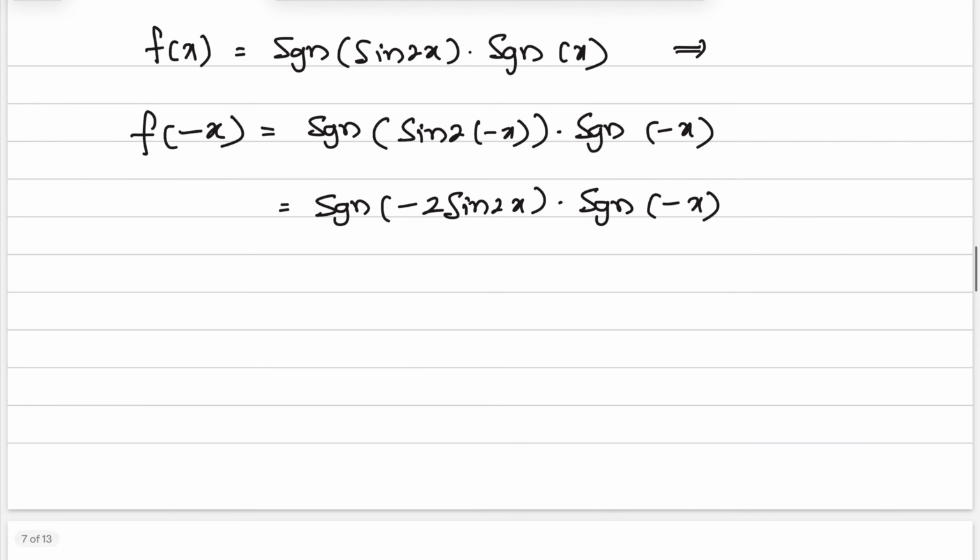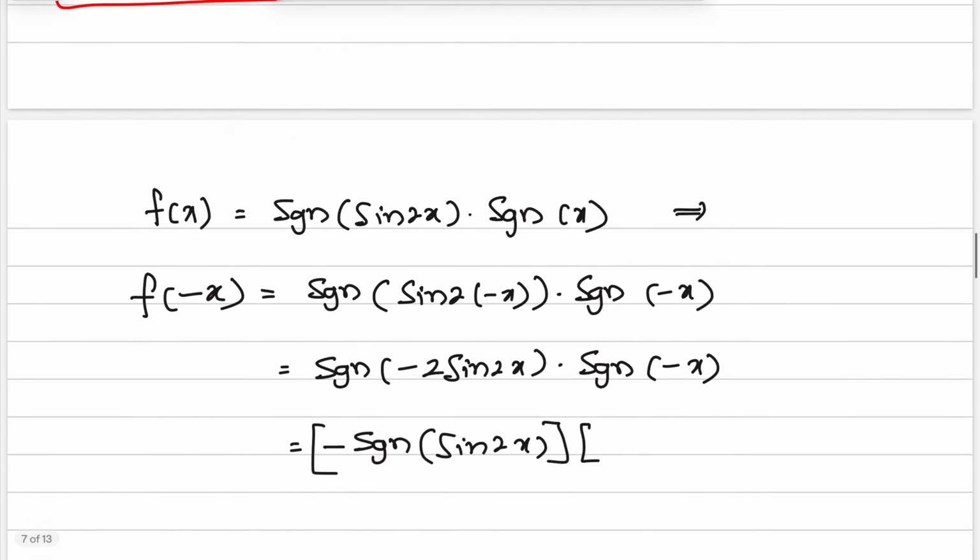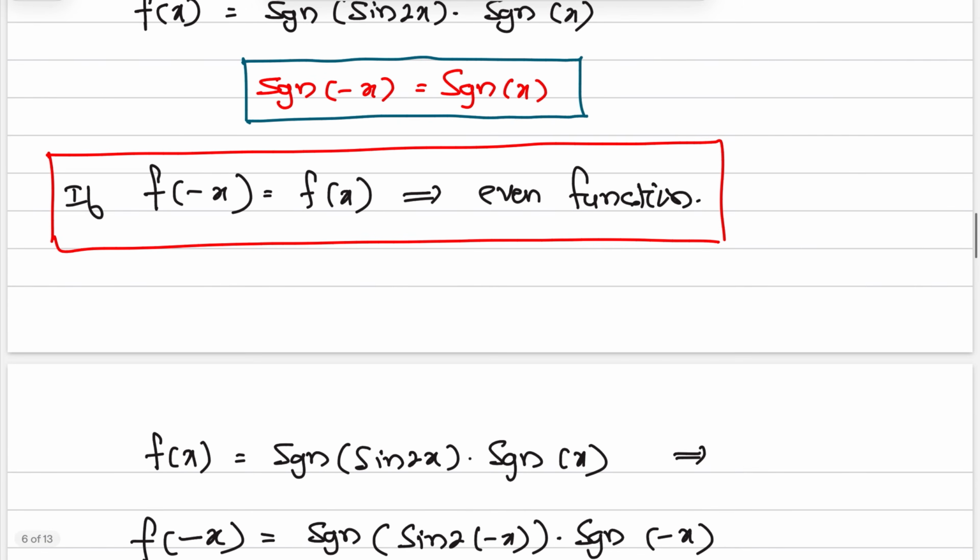Then it will be minus signum sin 2x into signum minus x is equal to minus signum x.